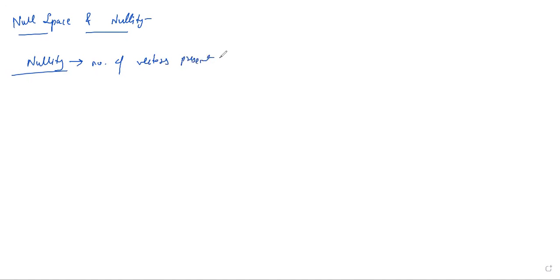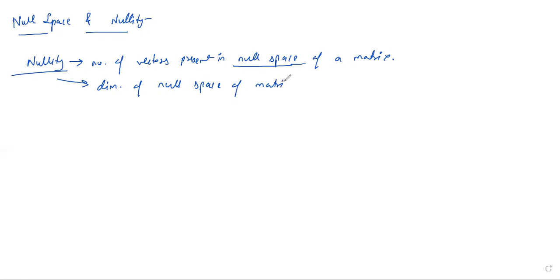Or you can also say that the nullity is basically the dimension of the null space of the matrix. You can also define it as the dimension of null space of matrix A, and this is also called the nullity of A.